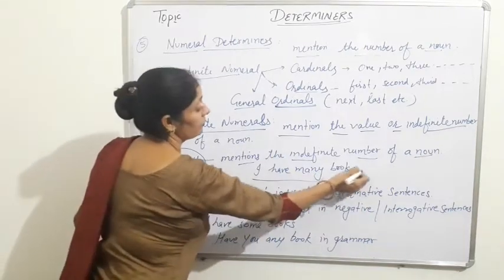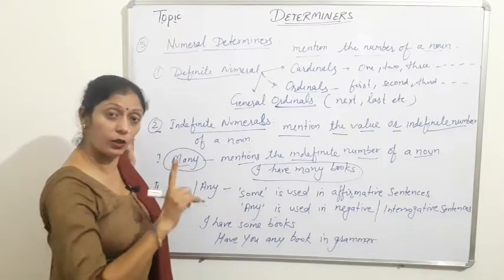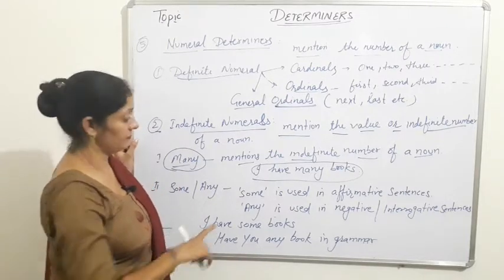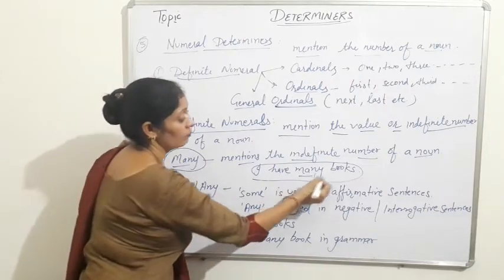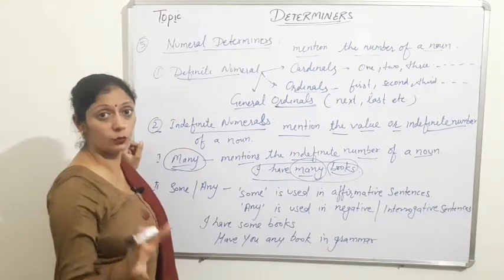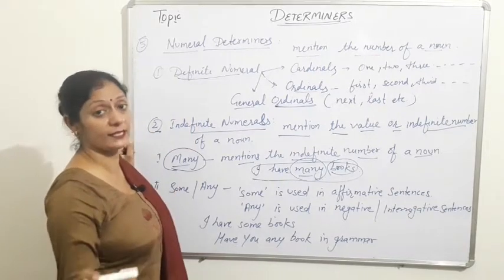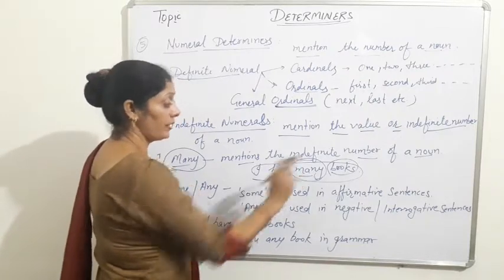I have many books. Much is used with uncountable. We have already done this. Many is used with countable. I have many books. But how many books are there? 2, 5, 10, 20. Nothing is given there. This shows indefinite number. Many books.